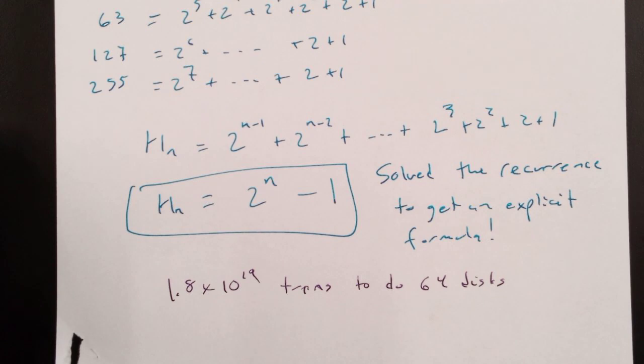In other words, it's going to take about 42 times the current life of the universe so far. We got plenty of time left. By the way, what if instead of 3 pegs, I give you 4?